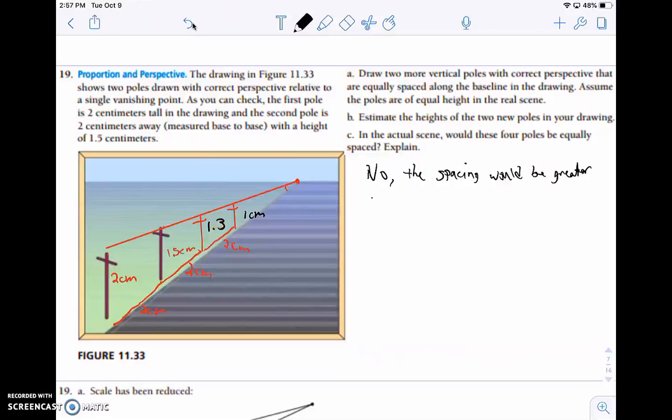So the spacing would be greater and the heights would be smaller. This would be based off of your perspective, looking at this from a higher vantage point.